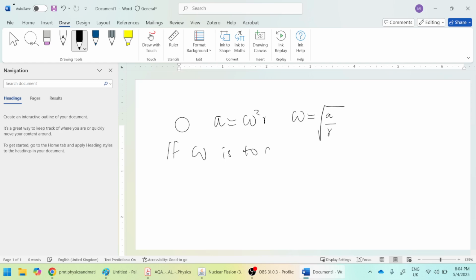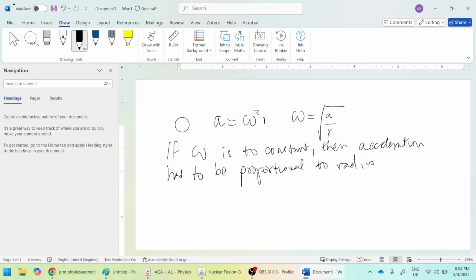If omega is to be constant, then acceleration has to be proportional to radius, say centripetal acceleration.